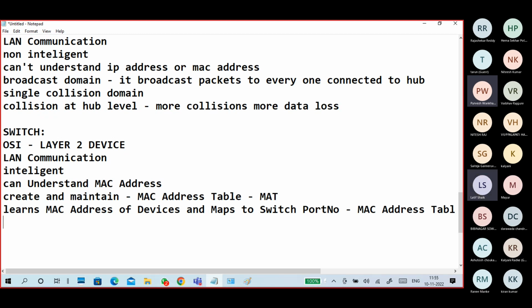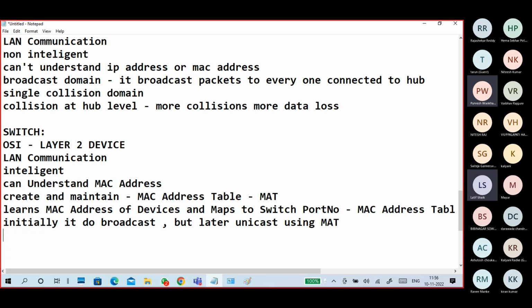Okay. It learns the MAC address of a device and maps it to the switch port number it is connected to. Initially it does broadcast, but later it does unicast using the MAC address table.